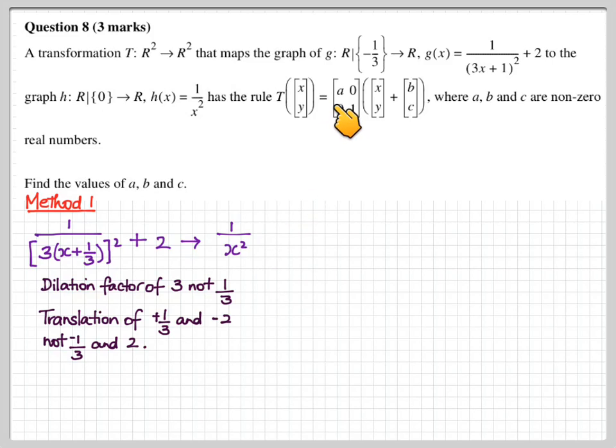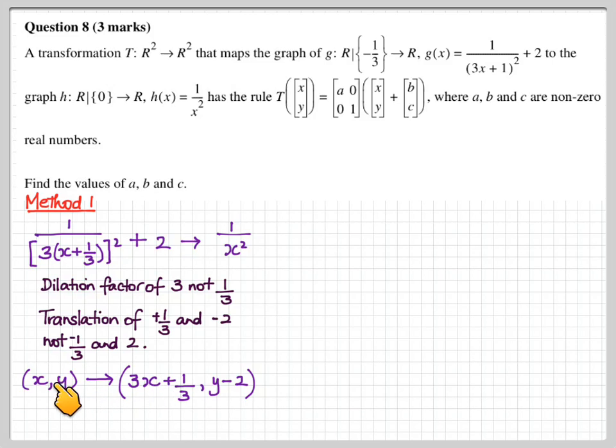Since I've got a dilation factor of 3, translation of a third and minus 2, I'll look at my expression here, which is really just saying the transformation matrix is transforming x and y with a dilation factor of a, translation of b from the y-axis, so the horizontal translation, and here's the vertical translation. Since I've got that down here, I can just label what a, b and c are by using points.